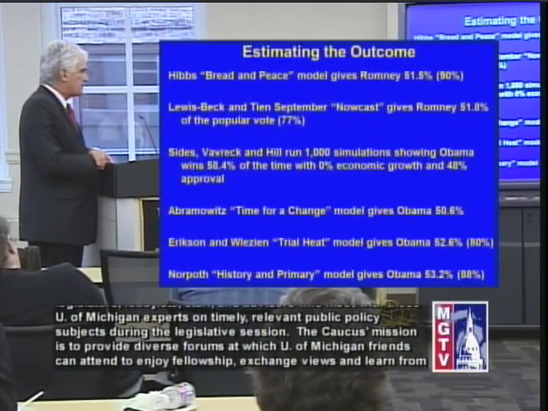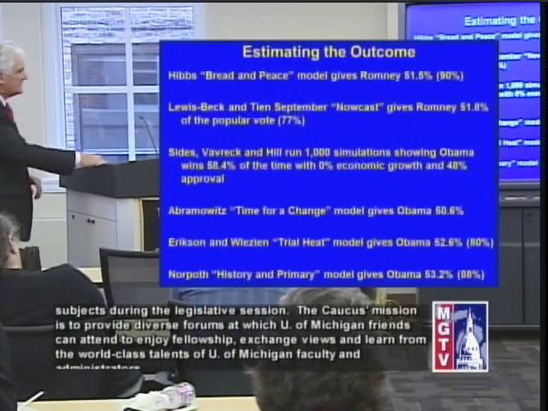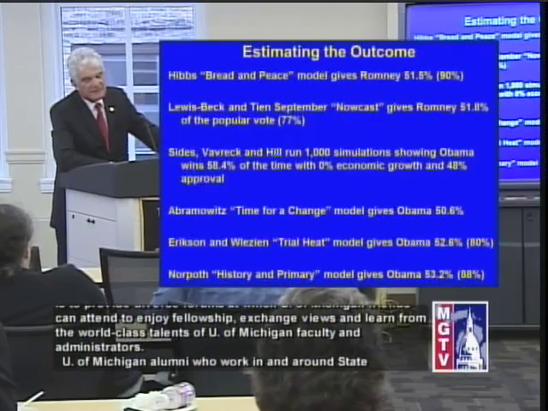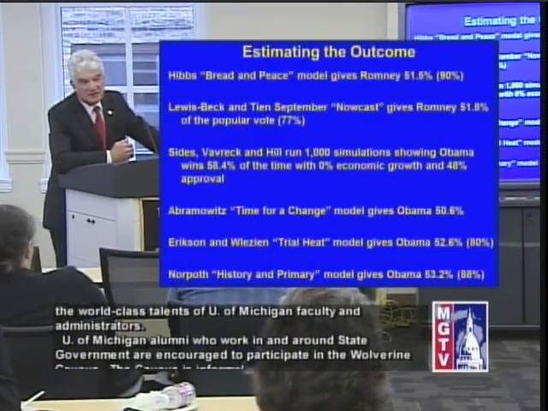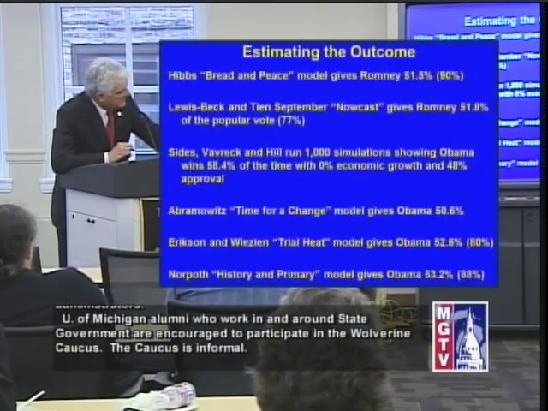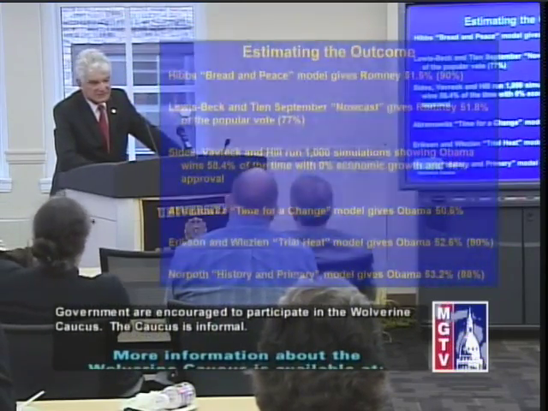And Helmut Norpoth uses a model that he calls the history and primary model. He puts a lot of weight on whether or not the president has to run in the New Hampshire primary, whether he's an incumbent president is contested or not. He gives Obama 53.2% and an 88% chance of winning.